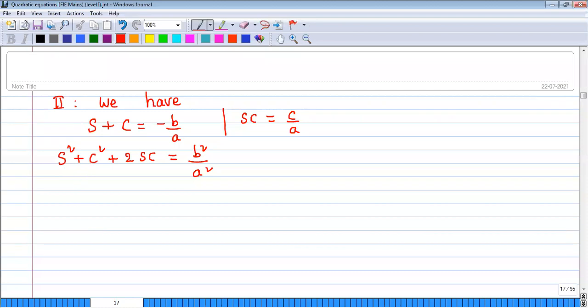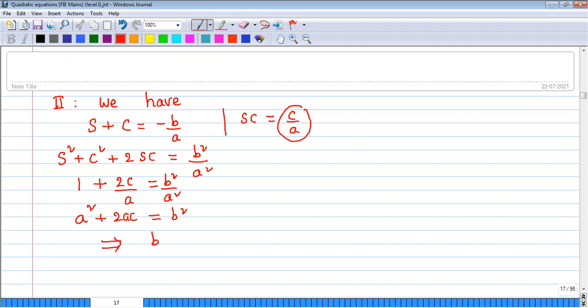Sin square theta plus cos square theta is 1. Sin theta cos theta is c by a. 2c by a equals to b square upon a square. Multiply with a square on both sides. You get a square plus 2ac equals to b square. That implies we have b square minus a square equals to 2ac.